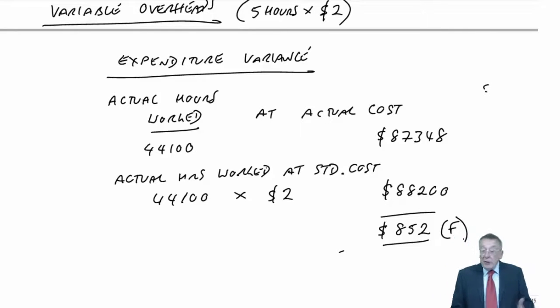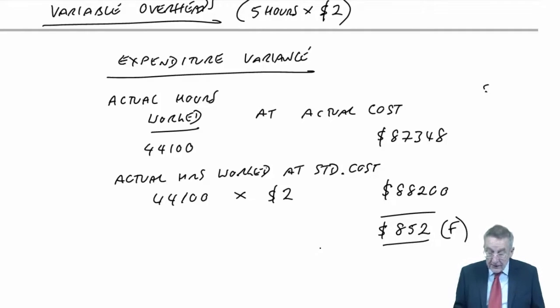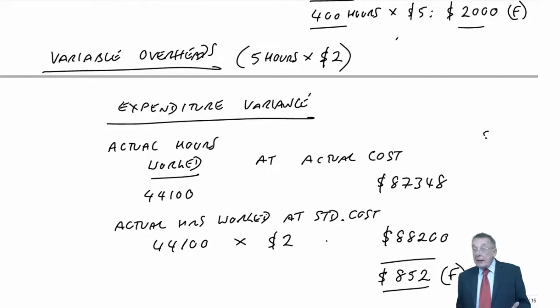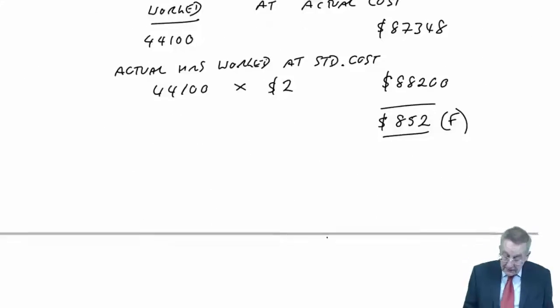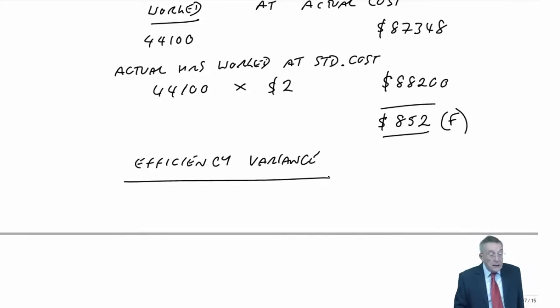Today's expenditure, for reasons I've already said, there's no idle time variance when it comes to variable overheads. But the other bit, we do need to check, did they take 5 hours for each unit or not? And this is the efficiency variance. And here, it's exactly the same workings as for the labour efficiency for the same reasons. We want to check, did they take 5 hours a unit or not?